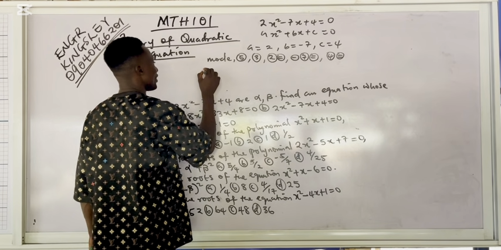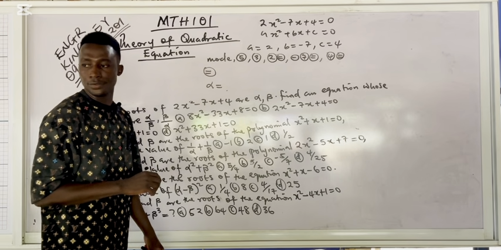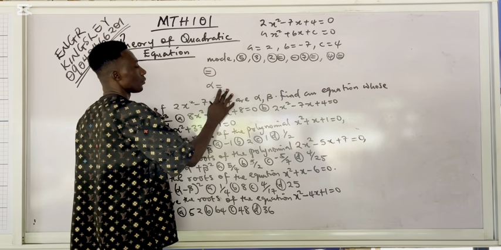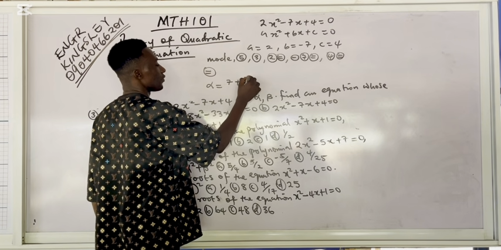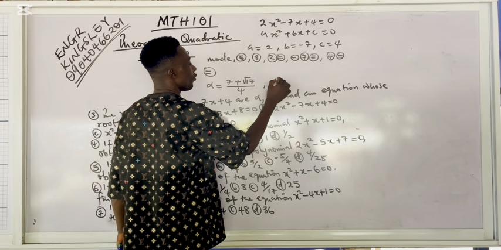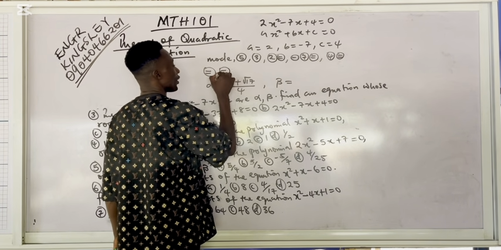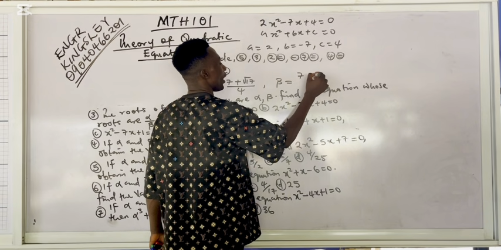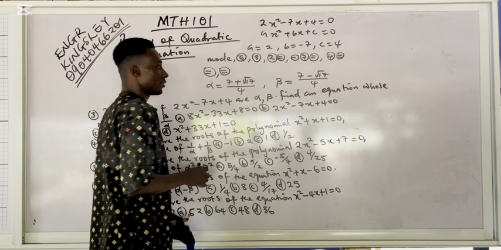Then I'll press the final equal to get the value of alpha, which is 7 plus root 17 over 4. And the value of beta is equal to, again, to get the value of beta to be 7 minus root 17 all over 4. Like this, right?